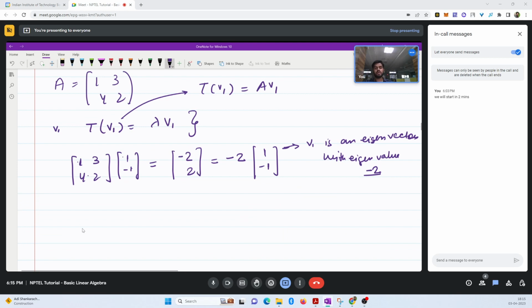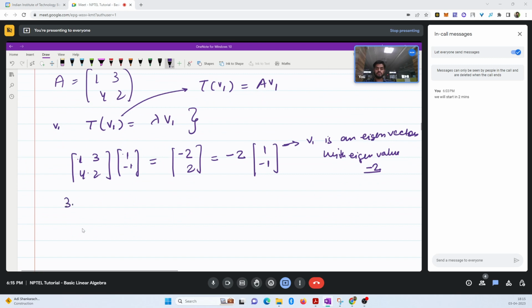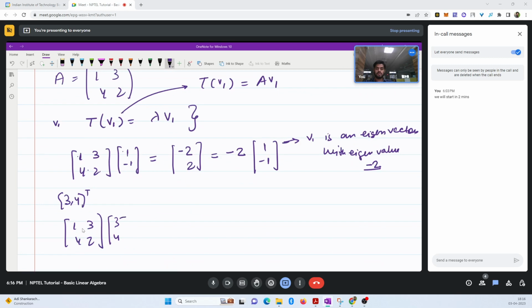Now, if we look at the next part, that is v2 is 3 comma 4. Okay. So let's multiply this thing: 1, 3, 4, 2 times 3, 4. Yeah. So we obtain 3 plus 12, that is your 15, and we obtain 12 plus 8, that is your 20.